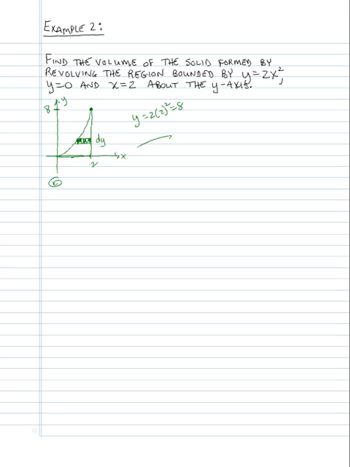I'm not going to try to be real precise here, but let me imagine that this outside edge is going to rotate around, and when it does, it's going to create a solid that has straight edges all the way around it.